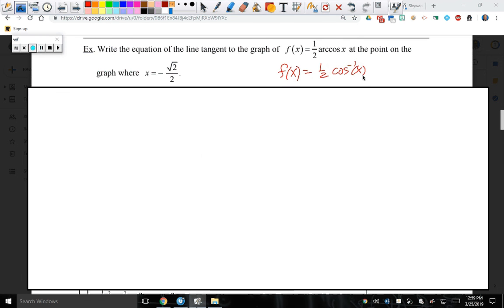if you prefer this notation, you can write it if you want. Okay, there's your position function, and you want the equation of the tangent line. That means you need two things. You need a slope, otherwise f prime of x at negative root 2 over 2.